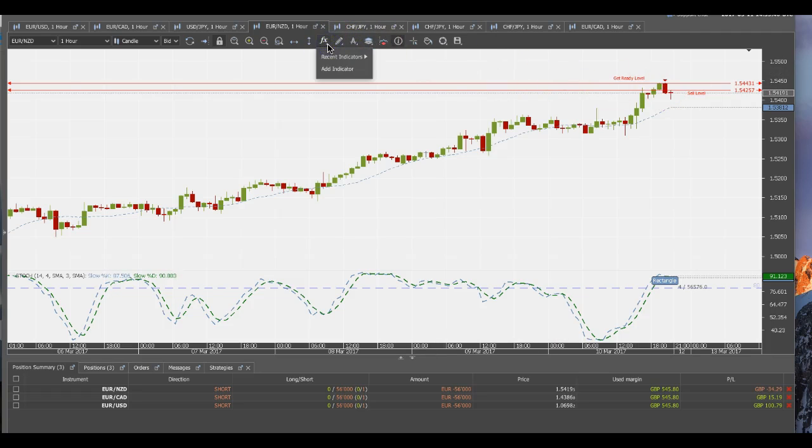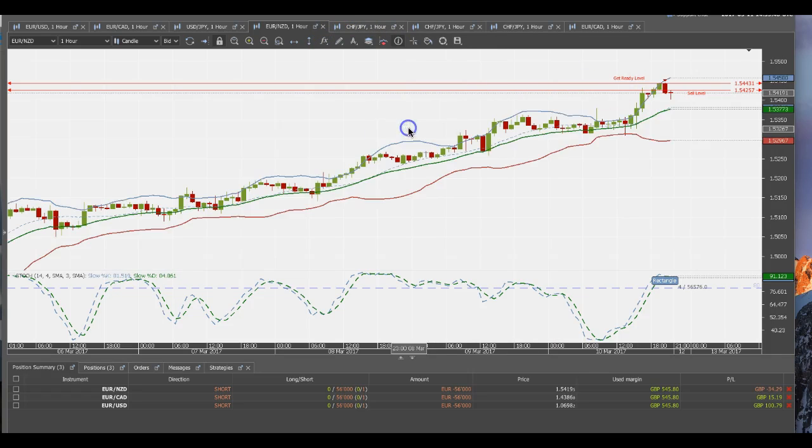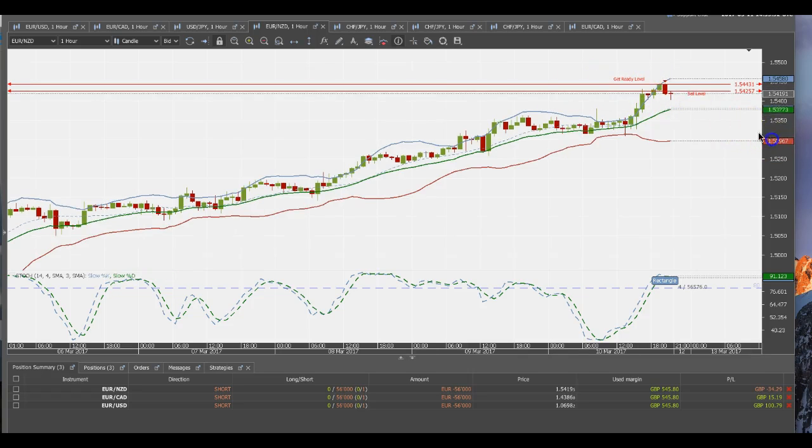Let's add the Bollinger Band, and notice that price is at the upper Bollinger Band. So the combination of Bollinger Band, bearish engulfing candle, advisory indicator giving us a sell signal, and stochastics overbought, these are very, very high probability trade setups.